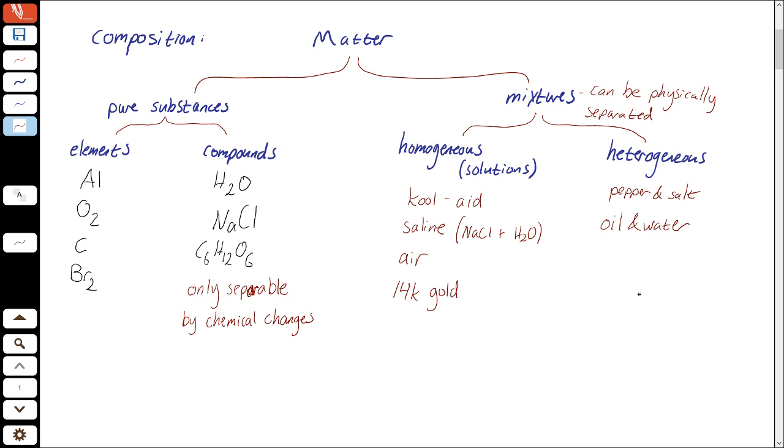That's a dumb mixture, but it would be pretty hard to get all the sand out of the honey, right? But that doesn't make it a different kind of mixture. It still has solid sand particles and the liquid honey part, where you can see the different domains. All mixtures can be physically separated. All pure substances cannot be physically separated. So that's the dividing line between those two.